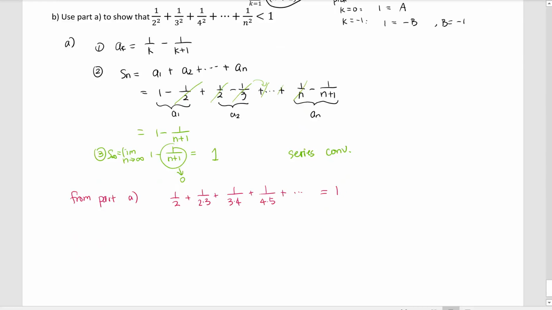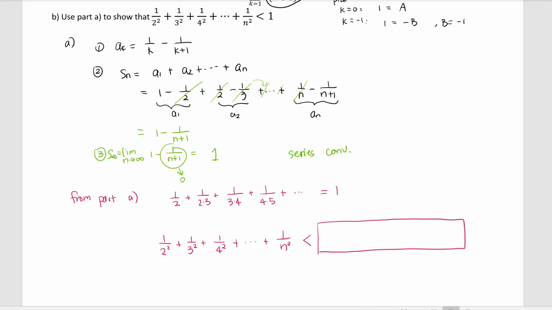So this is part A. We want to have 1 over 2 squared plus 1 over 3 squared plus 1 over 4 squared plus dot dot dot plus 1 over n squared. We kind of want to show that we have something here, and that guy is also less than 1.